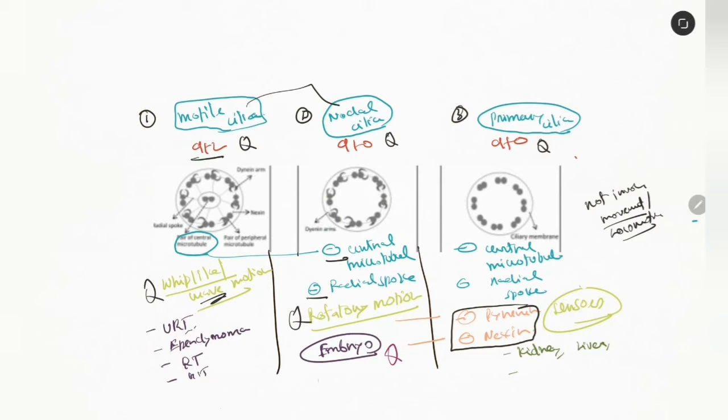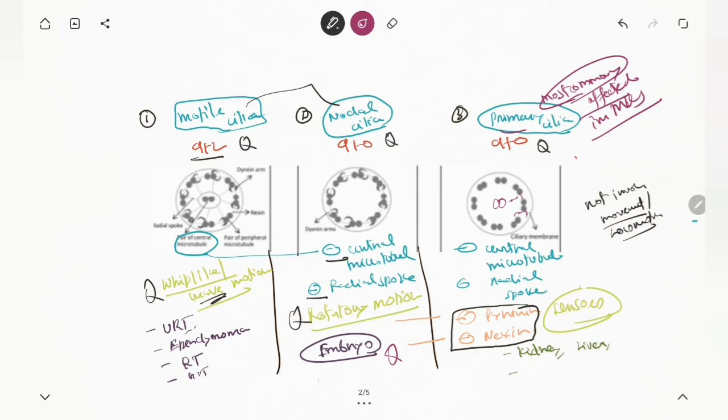Coming to primary cilia, which I will discuss in somewhat more detail because they are most commonly affected in Meckel's syndrome: they lack a pair of central microtubules, kinesin, dyneins, nexins, and radial spokes. So basically it has only a ciliary membrane.